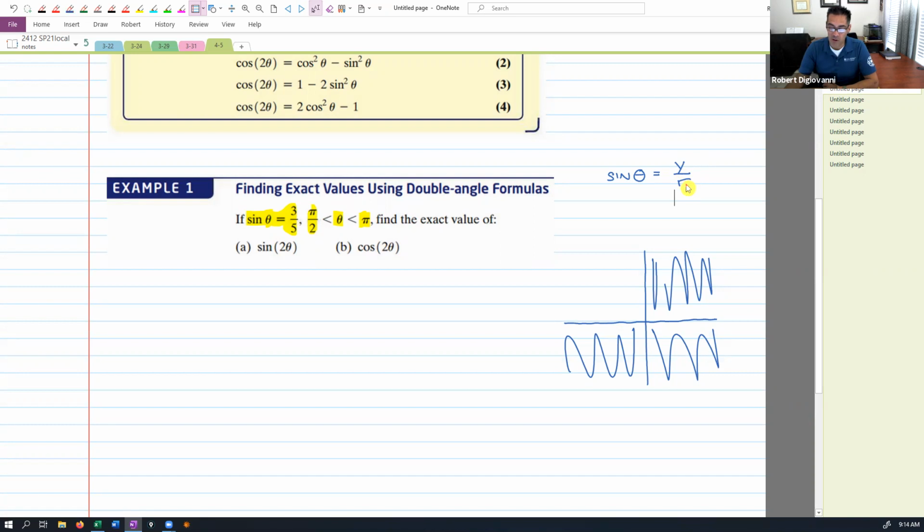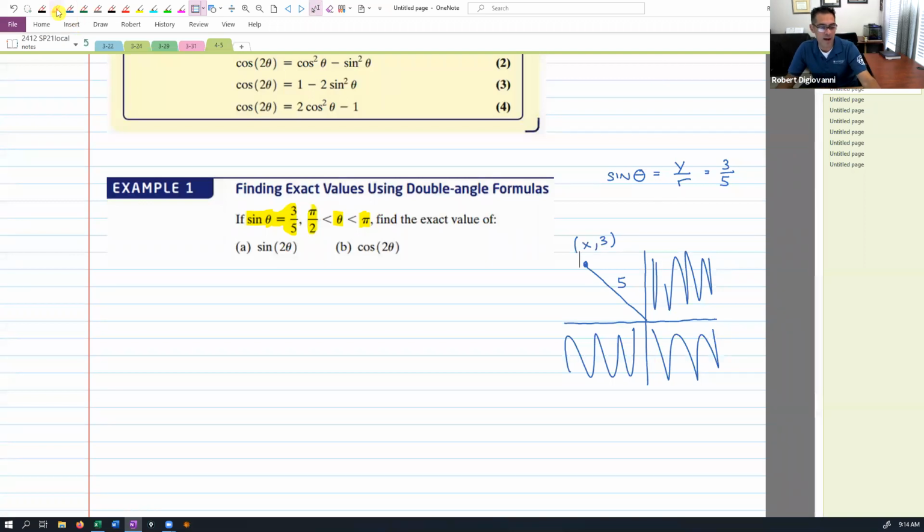So y divided by r is sine of theta, and that's equal to 3/5. In order for this to match up, I imagine a point out here. The radius is 5, that comes from this, and the y coordinate of that point should be 3. The only thing I don't know is the x coordinate. Does that all make sense?